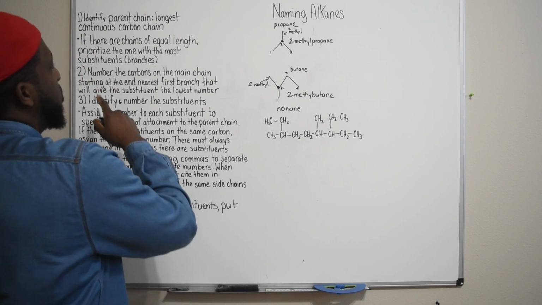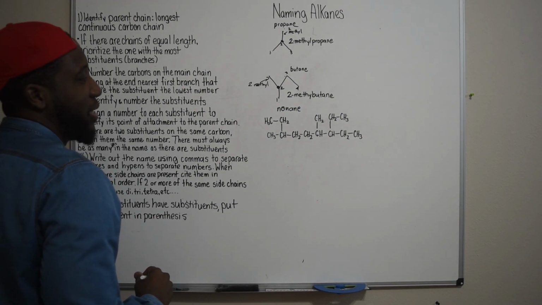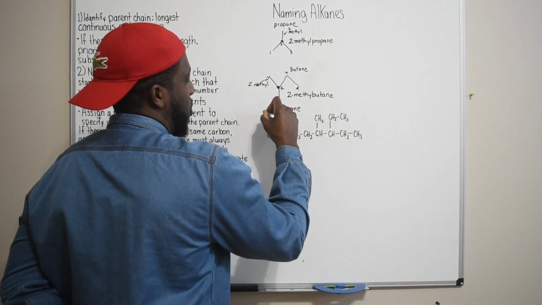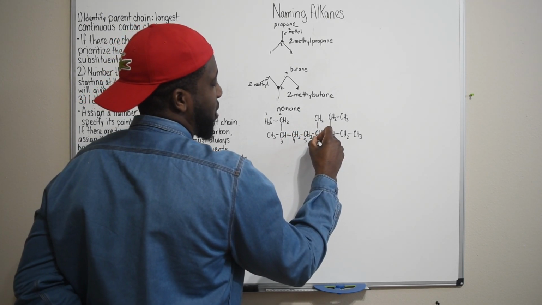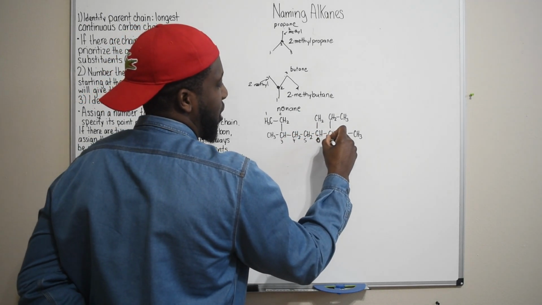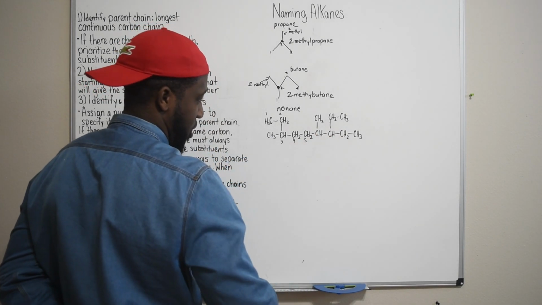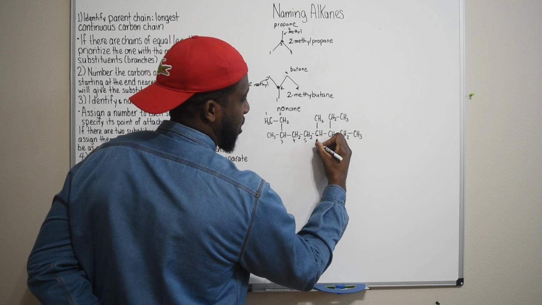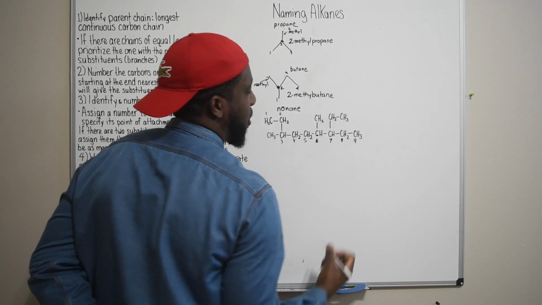All right, so let's number the carbons on the main chain. We can go 1, 2, 3, 4, 5, 6, 7, 8, 9.